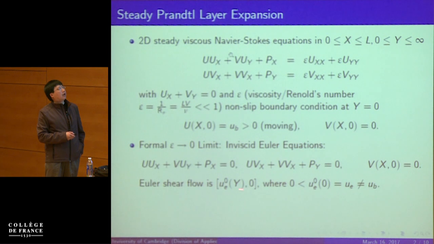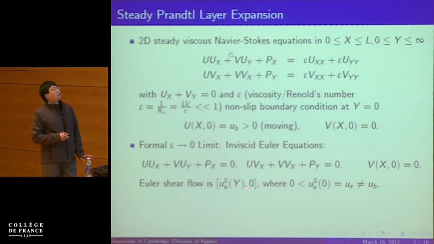So this is a good flow in our context. However, in order to highlight the difference between the Euler flow and the Navier-Stokes flow, we're going to assume that in general, at the boundary, this Euler flow has a different speed from the Navier-Stokes flow. So this is our setup. We are going to consider basically a shear flow.